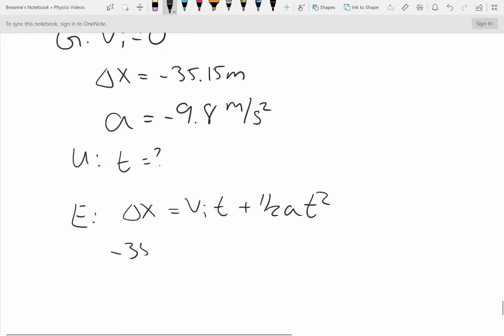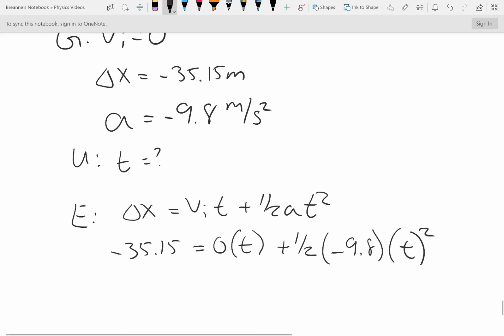Our displacement is negative 35.15. Our initial is 0. We're looking for time, plus 1/2, our acceleration is negative 9.8, and again we're looking for time squared. 0 times anything goes to 0.